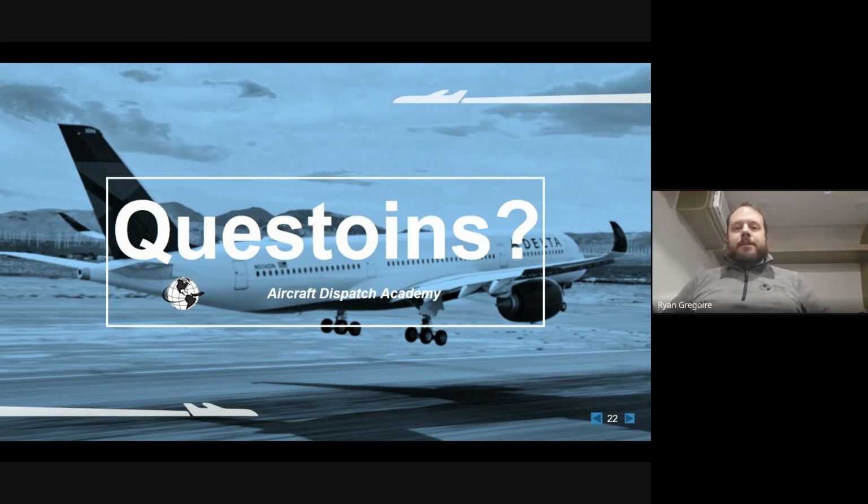No, a lot of that is automated, from the maintenance control side all the way up to generating the dispatch release. For instance, if you have an MEL with a performance or flight level restriction, a lot of the time the software won't even let you plan the flight above 310.